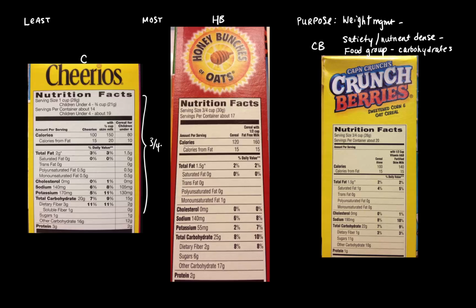For the Captain Crunch, you're having about 100. So that's why it's really important to know the serving size, because if you hadn't done that, you would have thought that Cheerios and the Crunch Berries would have the same amount of calories. So which has the most? Well, it sounds like maybe Honey Bunches has the most and Cheerios has the least for calories.